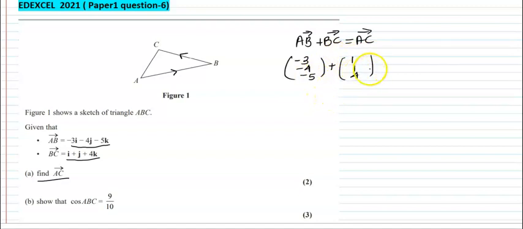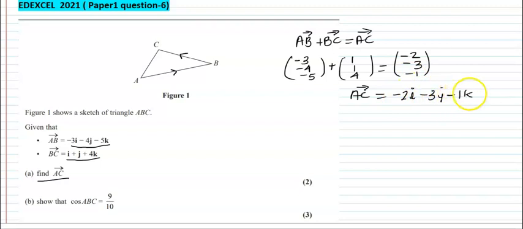If we add it, we will get AC. So AC will be minus 3 plus 1 becomes minus 2, minus 4 plus 1 becomes minus 3, and the last one will become minus 1. So that is your AC vector. You can write down minus 2i, minus 3j, and minus 1k.